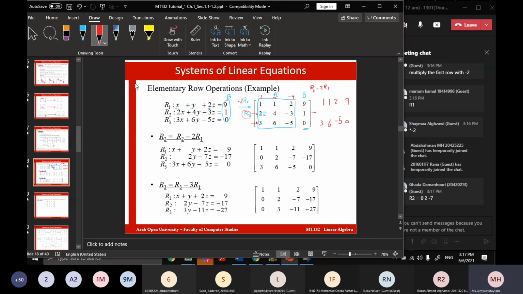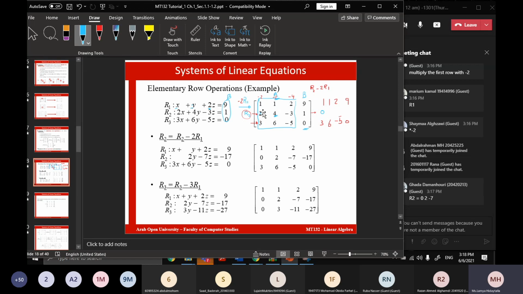So what did I get here? I got 0, because 2 minus 2 is 0. And then 4 minus 2, that is 4, and I'm multiplying times -2, correct? So this is going to be -2.